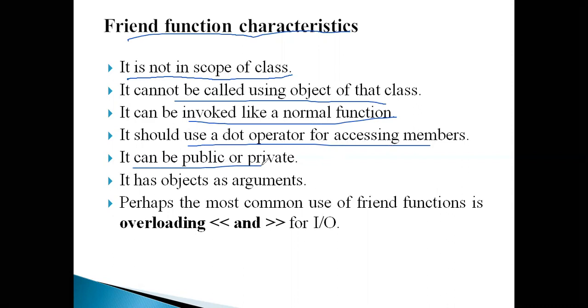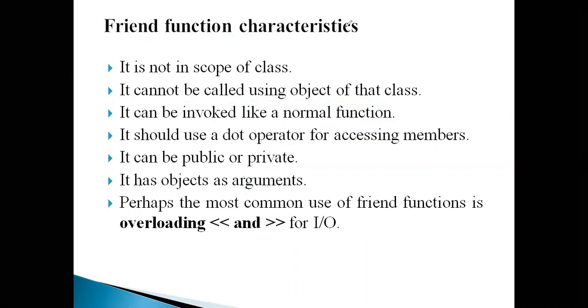So it can be public or private, irrespective. When we are accessing the data, then definitely we have to use the dot operator. Then friend functions will take objects as arguments. And most of the friend functions are nothing but overloading the insertion and extraction operators. So these are the characteristics of friend functions.